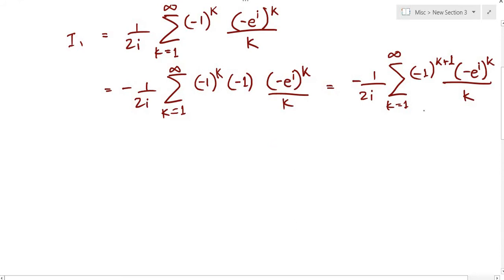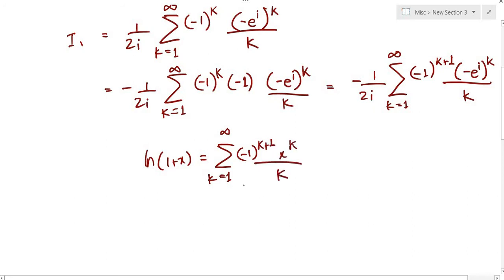this fits well with the Taylor series of our natural log of 1 plus x. So natural log of 1 plus x, as I said, is the sum from k equals 1 to infinity of negative 1 to the k plus 1th power times x to the kth power divided by k. So it's 1 plus this variable that was raised to the kth power.